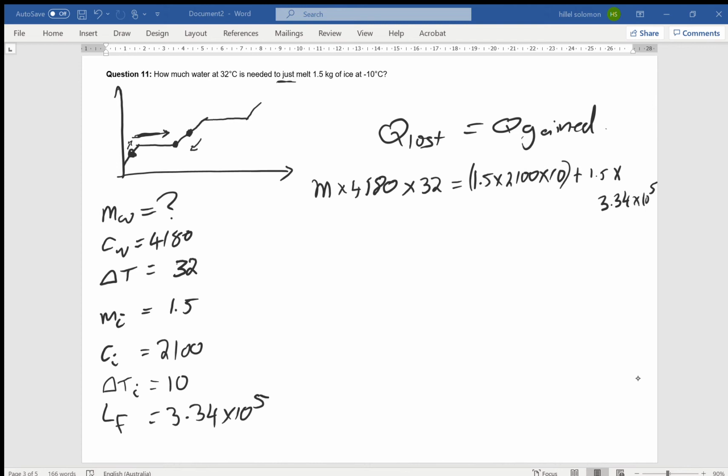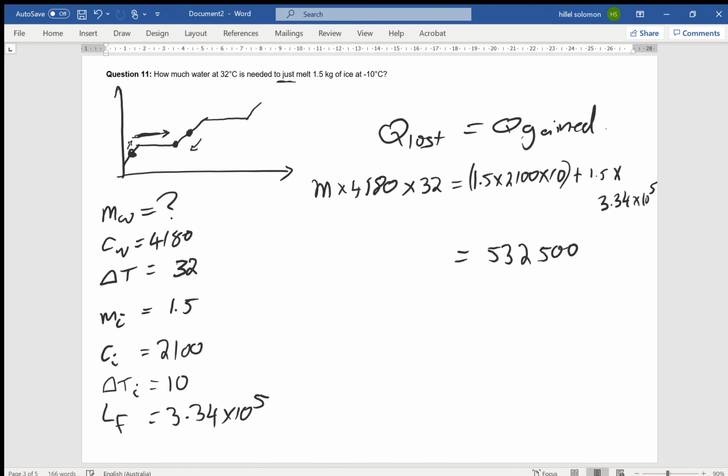And then we're going to add that to 1.5 times the latent heat of fusion. Then we should get 532,500.